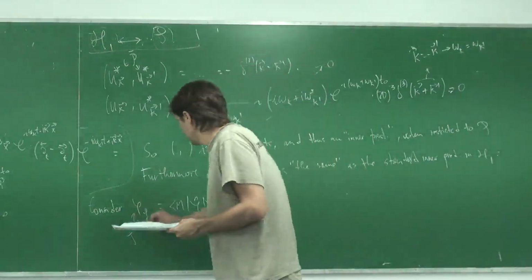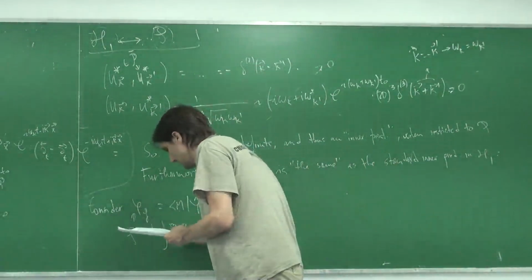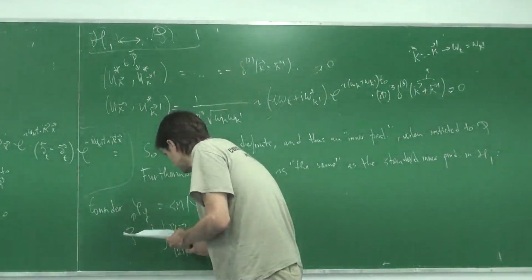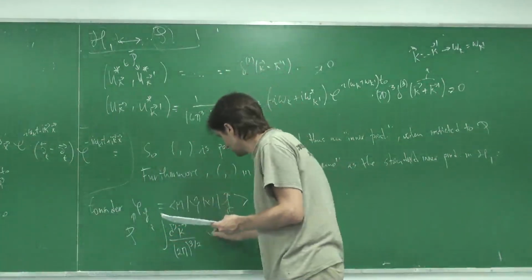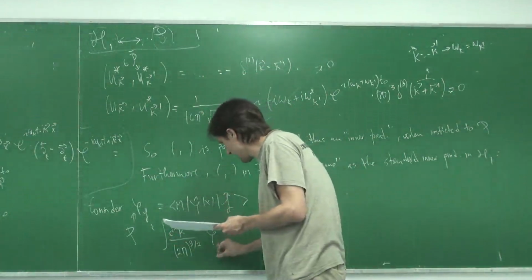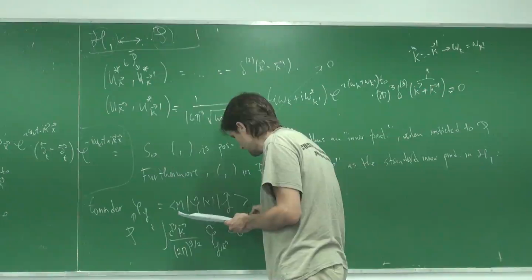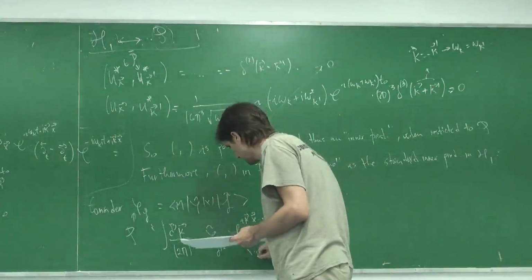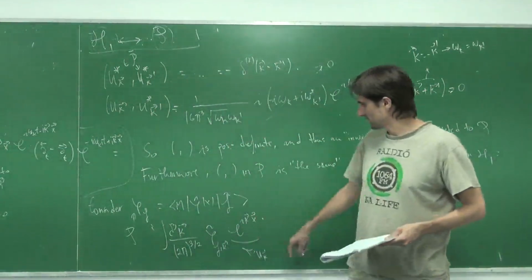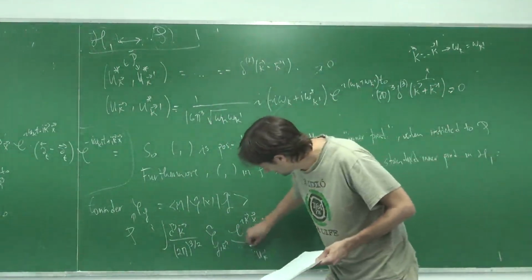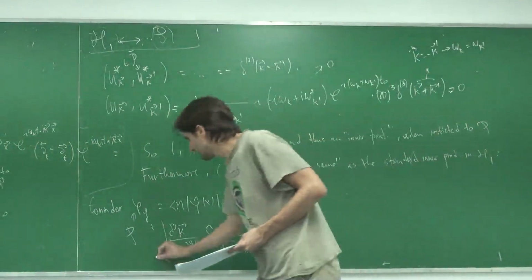And then the definition of the phi k is a linear combination with some coefficients fk of this. These are proportional to the complete set.